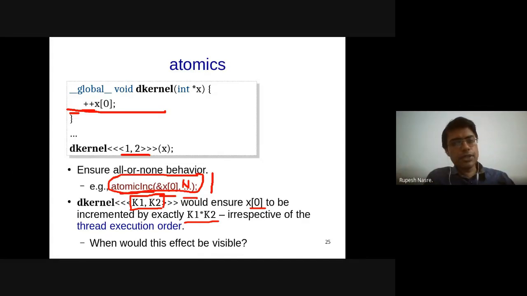So your observation is correct that if we have atomic increment here, and that is the only instruction inside the kernel, then the code is essentially a sequential execution, just that the ordering amongst threads is not known. The expectation is that the synchronization should be as small as possible within the code, and there should be enough number crunching happening. There should be enough compute intensive operations happening inside the kernel. And then at some places you have this synchronization.